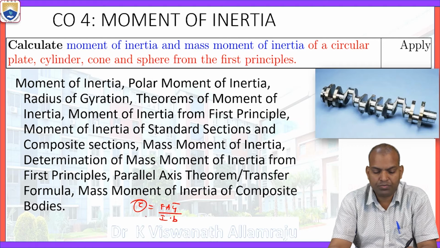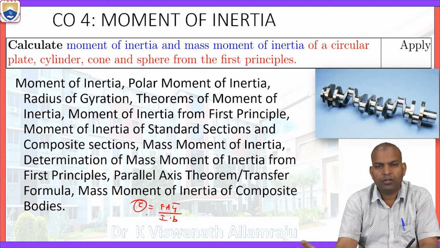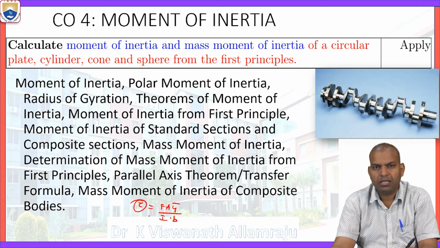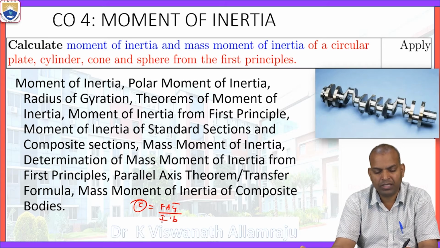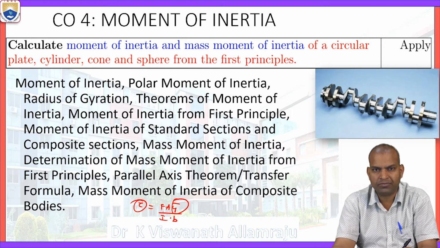The shear stress distribution: when a load is applied on beams, not only bending moment and bending stress, but shear stresses also develop. How to calculate the shear stress? From the formula F A y bar by I B. What is y bar? It comes from the centroid, the vertical distance of the centroid.